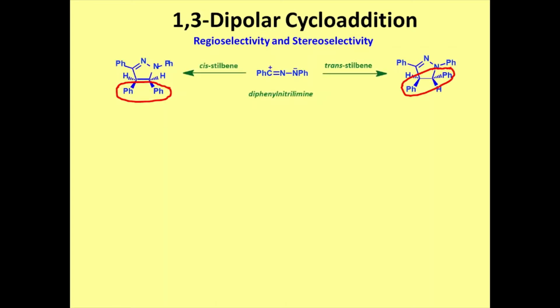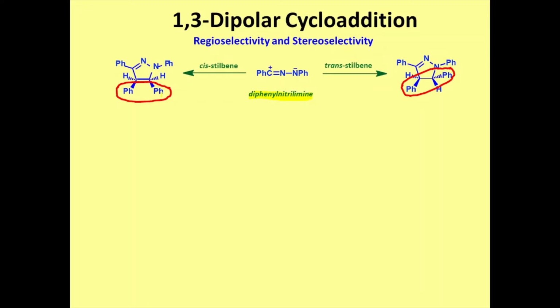As I said, this is a very stereospecific reaction, and here you can see diphenyl nitrile imine. This is our substrate, and it reacts with cis-stilbene and trans-stilbene, two different dipolarophiles in terms of their stereochemistry. In the product, the red circle shows that the phenyl groups of cis-stilbene are cis in the product.